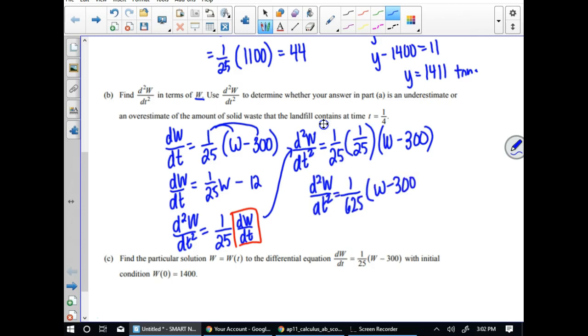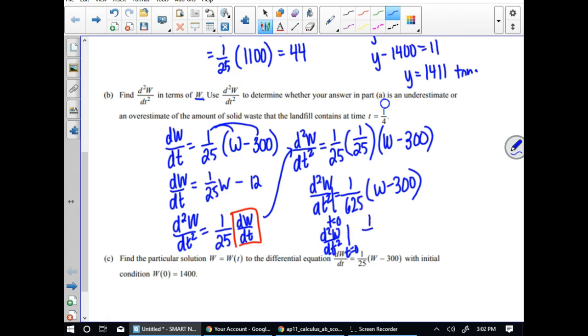And our tangent line is at 0. So if we plug in 0, or t equals 0, into this equation, we're going to have d squared w dt squared at t equals 0.